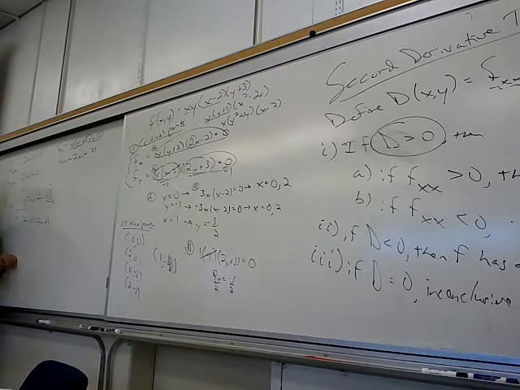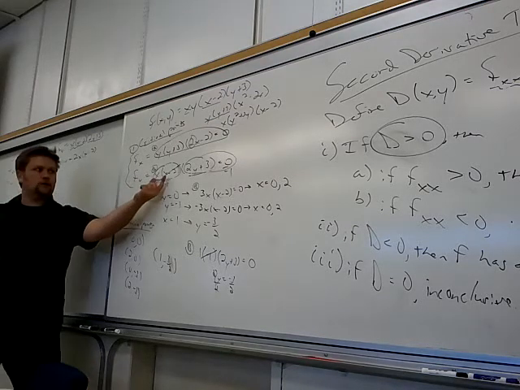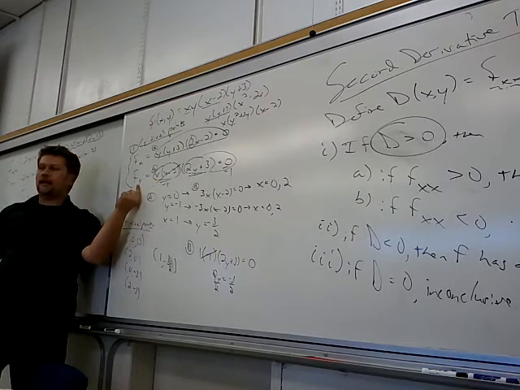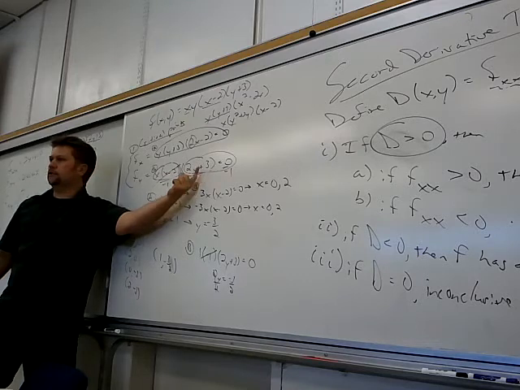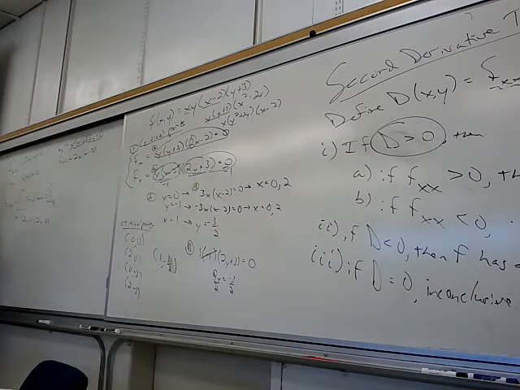Cool. Of course, you get the same thing because this is x squared minus 2x. If you do it with respect to x, you still get 2x minus 2 times 2y plus 3. So there's fxy.